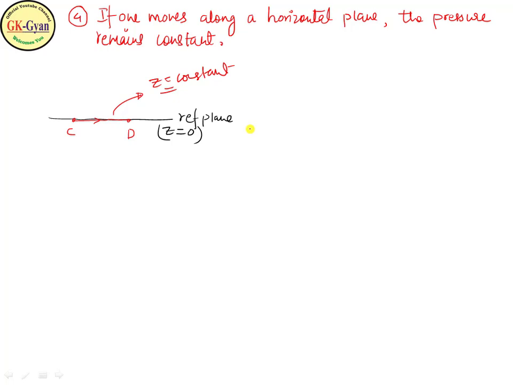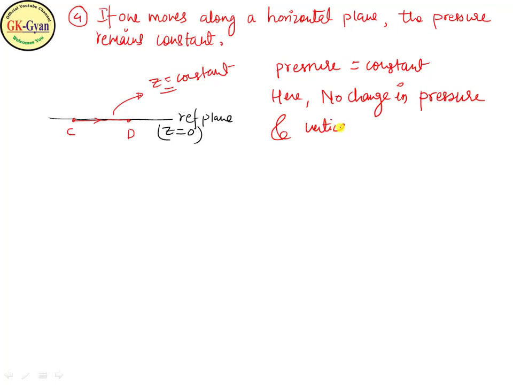So pressure will also be constant. There is no change in the pressure as the vertical distance z is constant. Are you getting my point? So if you move along the horizontal plane, the pressure remains constant. These are the important properties.